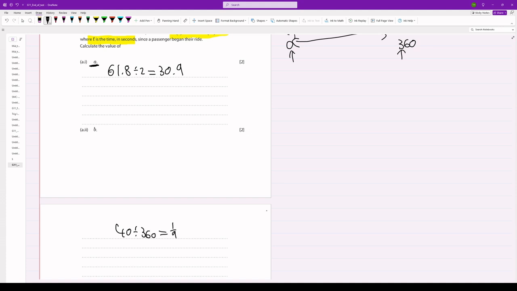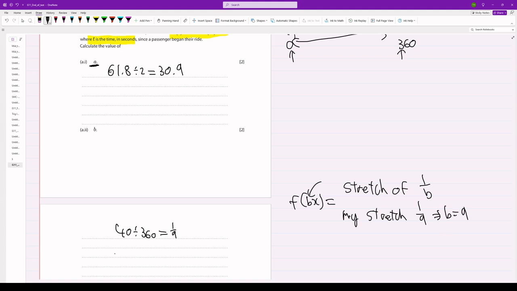But if you remember from our lessons of transformations, this is the inverse multiplier. So this creates a stretch of 1/b. So if my stretch is 1/9, that means that B must be 9. So B is equal to 9.